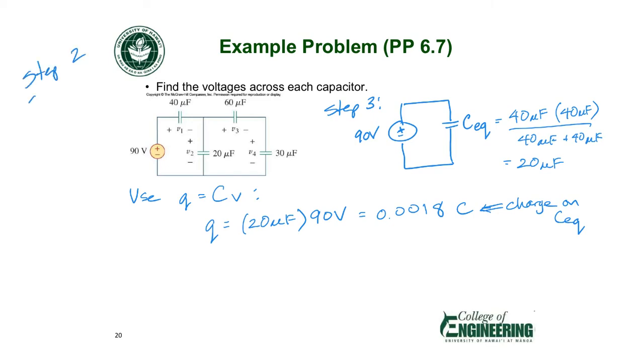So step 2, our circuit schematic looks like this, where we had CEQ2 here and 40 microfarads here, and CEQ2 is also 40 microfarads.